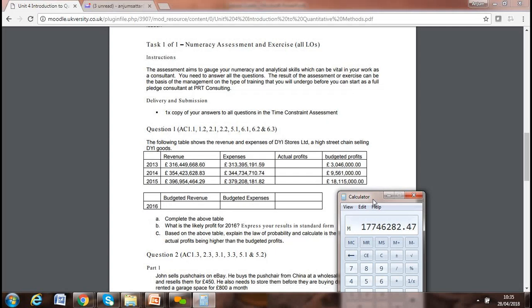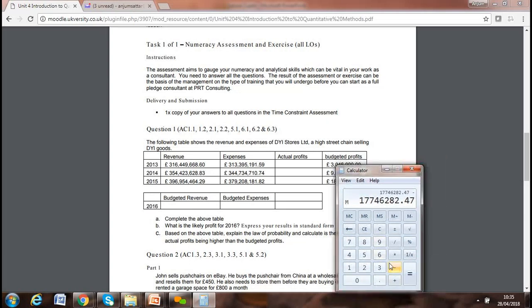We need to find the further year. So minus. Yes, we can take the difference. So my profit was lesser than the previous year. If you want, you can calculate it as a percentage as well.